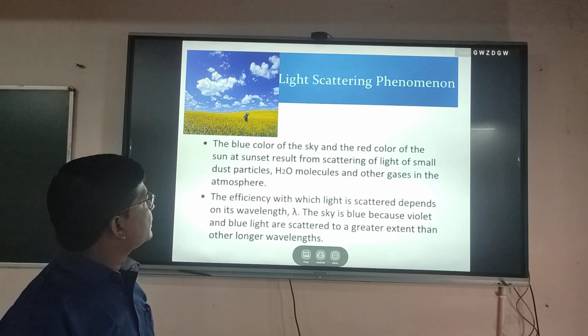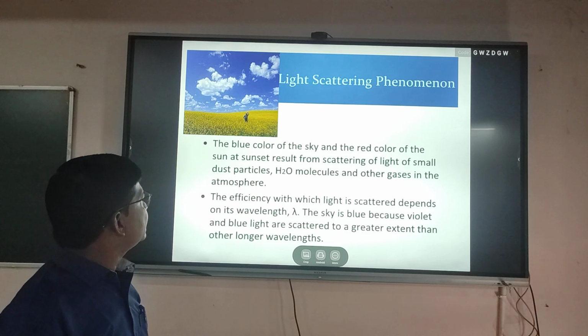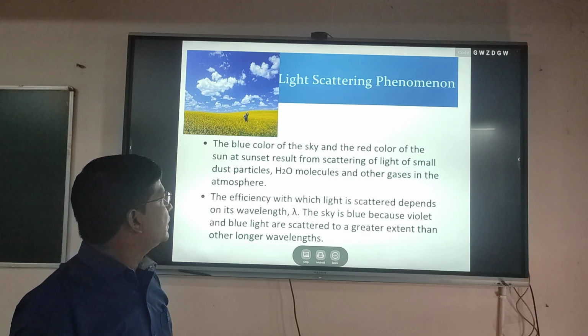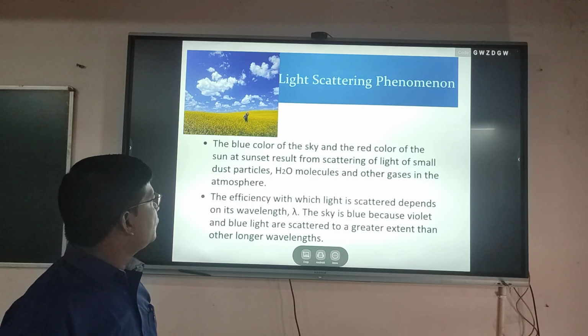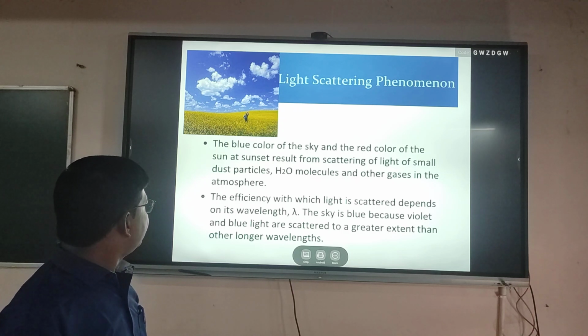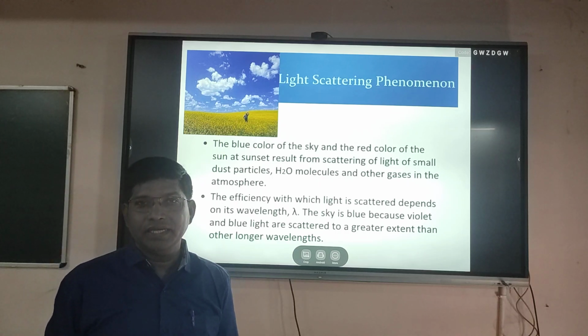The blue color of the sky and the red color of the sun at sunset result from the scattering of light by small dust particles, H2O molecules and other gases in the atmosphere. As we know, light scattering depends upon the wavelength. The sky is blue because violet and blue light are scattered to a greater extent.